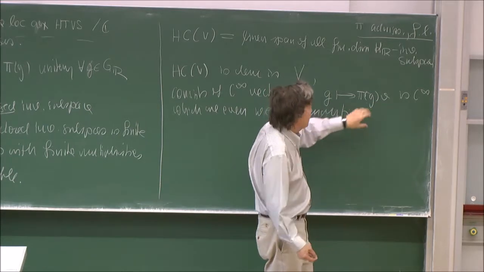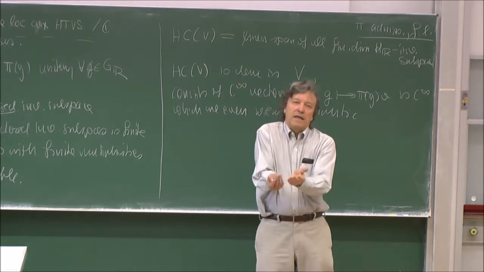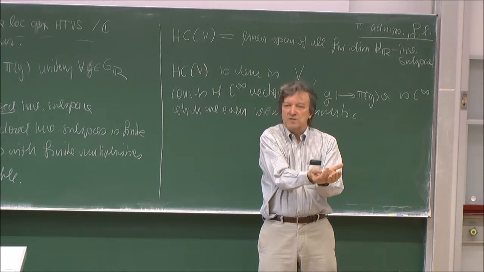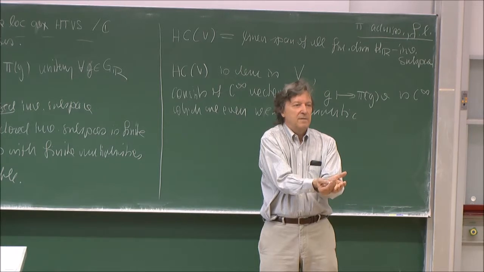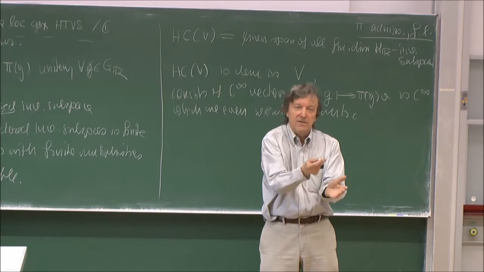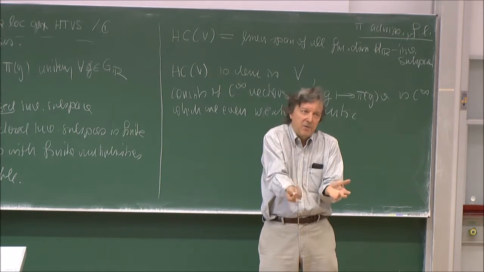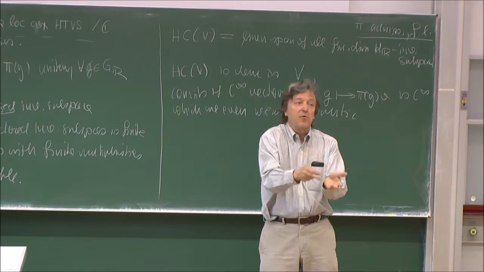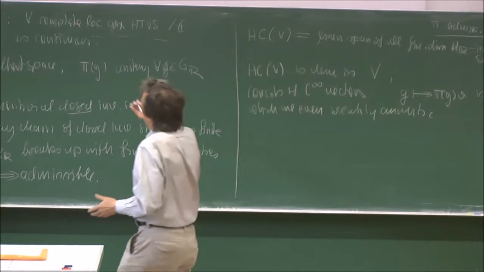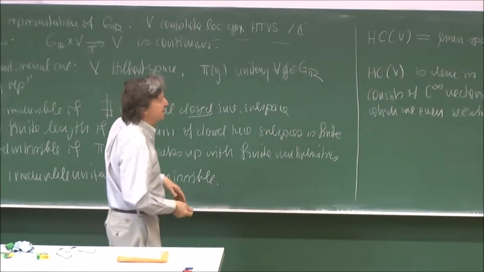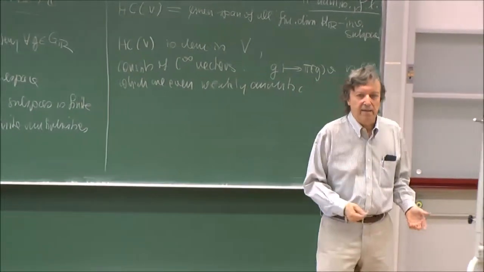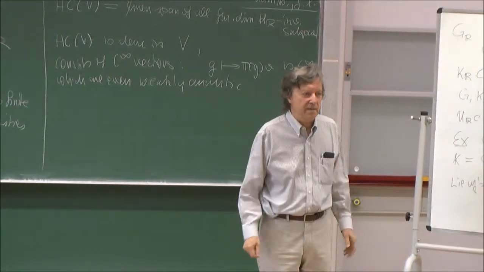So it is a continuous function, and therefore, if you pair it against a vector in the topological dual space, you get a continuous scalar function. And weakly analytic means that those functions, meaning g goes to pi of g evaluated on a vector in the dual space, are real analytic. And so, of course, among these we have Banach spaces, and then it turns out that when V is a Banach space, weakly analytic implies analytic in the usual sense.